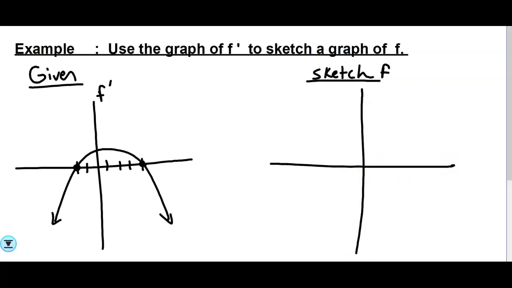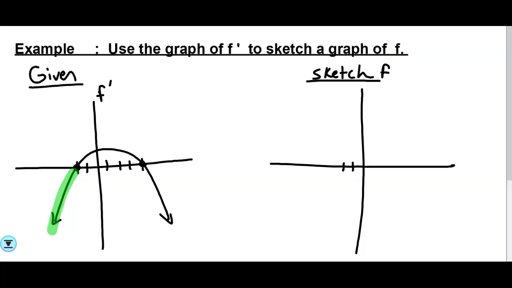Here we go. So I see that f prime is below the x-axis to the left of negative 2. Since f prime is below the x-axis to the left of negative 2, that means that it's negative.